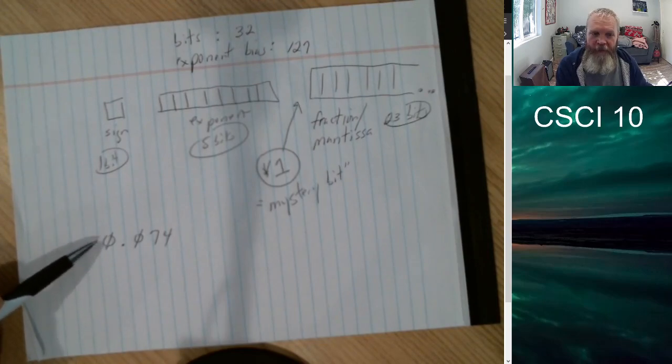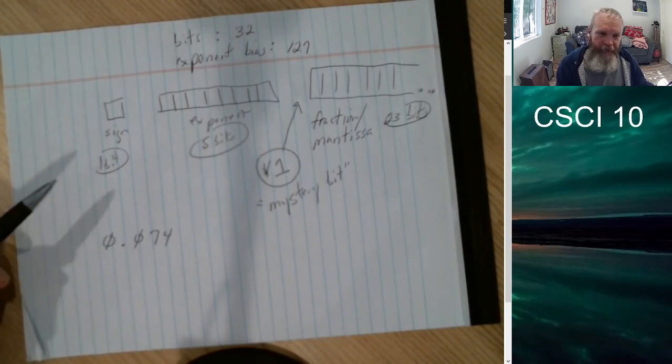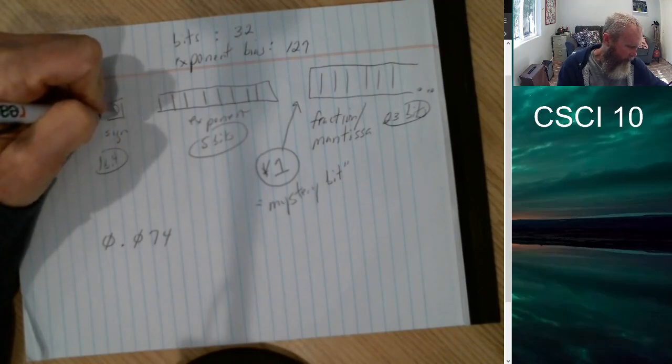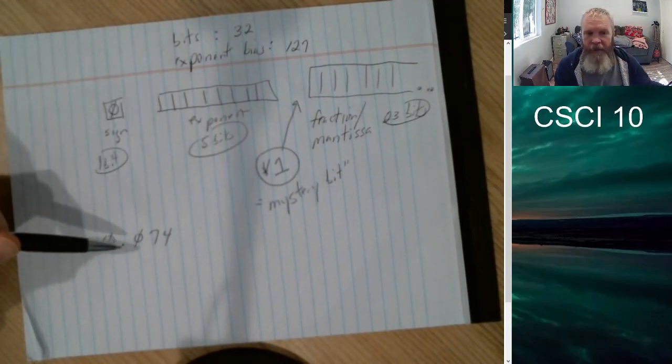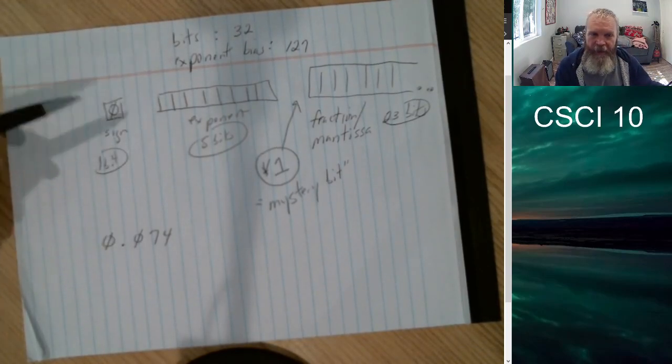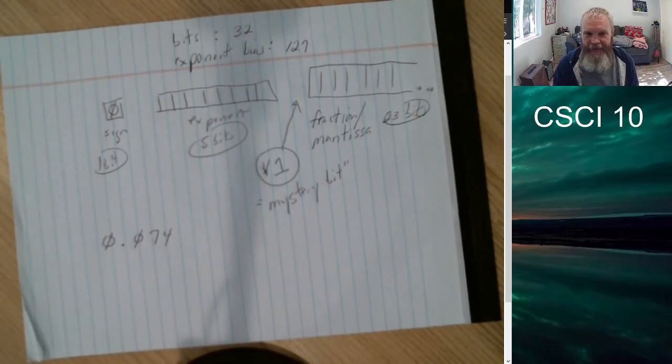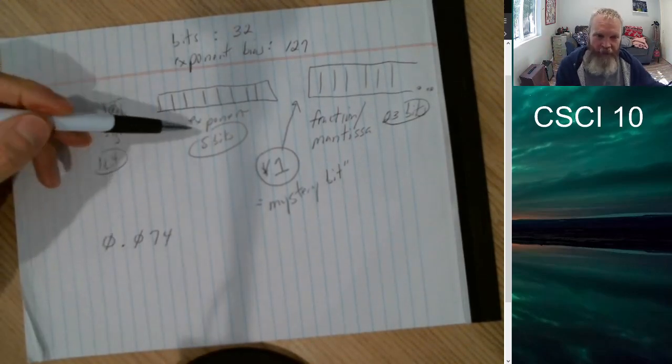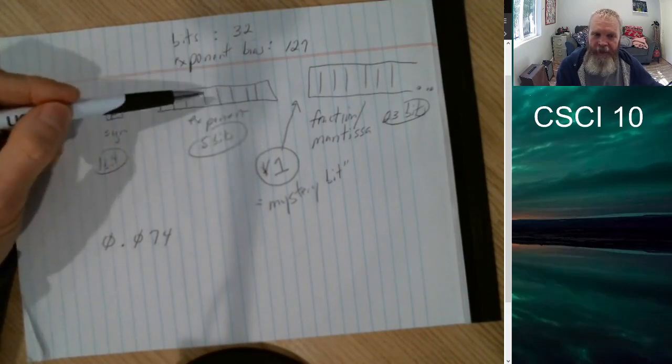So that's the one part that comes easy to us. Is the sign bit for this value. Since it's not negative, the sign bit is 0. Thank goodness that's easy. Okay, now we get to the exponent and the mystery bit.